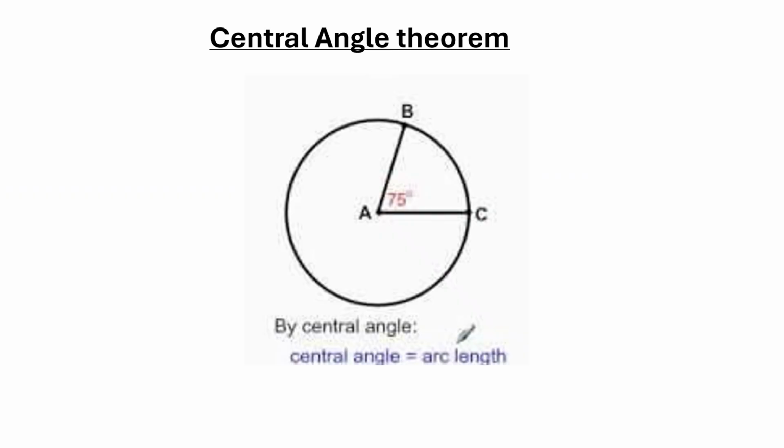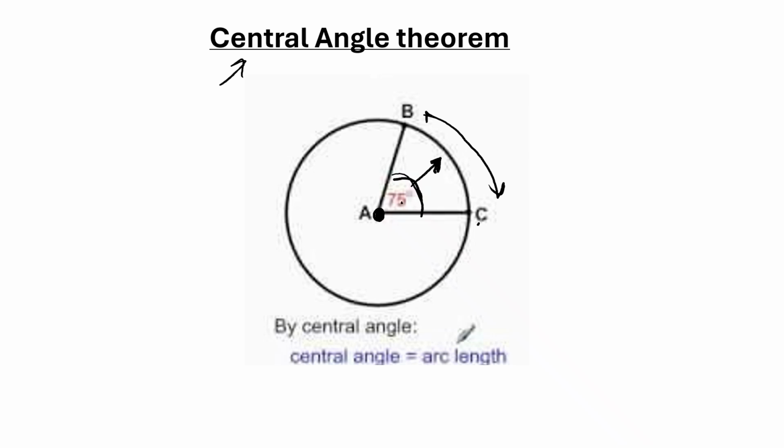Next, what is the central angle theorem? If I have a central angle, it means that the vertex of the angle is at the center. So angle BAC is the central angle. The intercepted arc, it means the arc that is made because of this central angle, yani the arc BC, has the same measurement as the central angle.